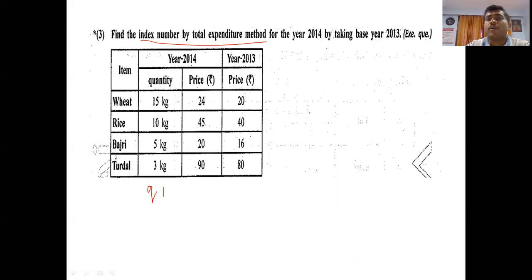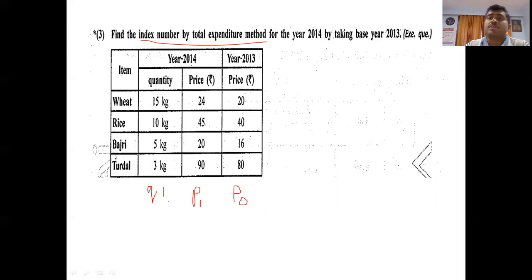Now 2014 price, by which name? P1. Yes. 2013 price, which name? P0. Okay. So now you can see that we are not available with Q0. We are available with Q1.